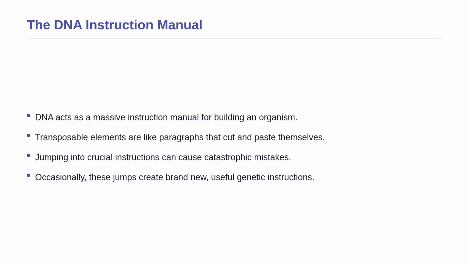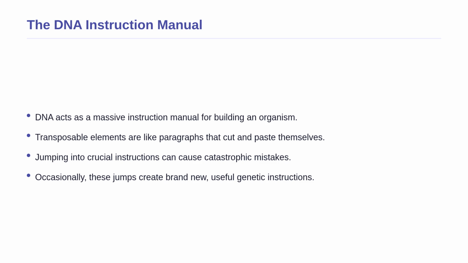To begin, let us think of your DNA as a massive, thousands of pages long instruction manual for building a human body. Now, imagine that certain paragraphs in this manual suddenly cut themselves out and paste themselves into completely different chapters.